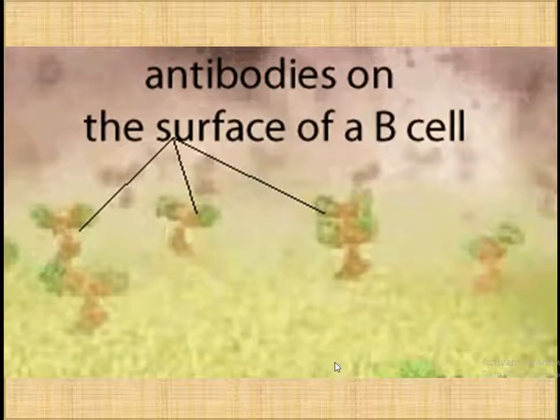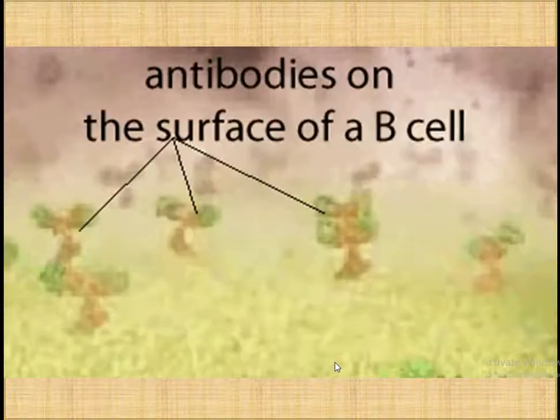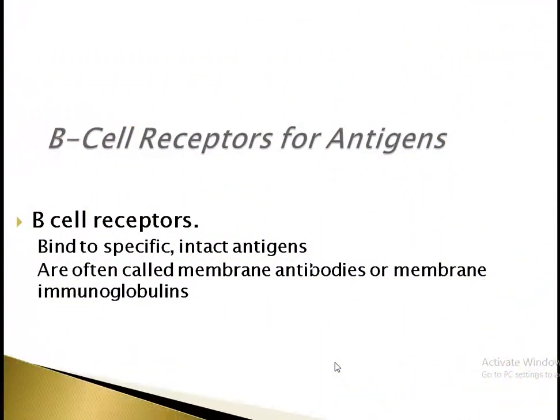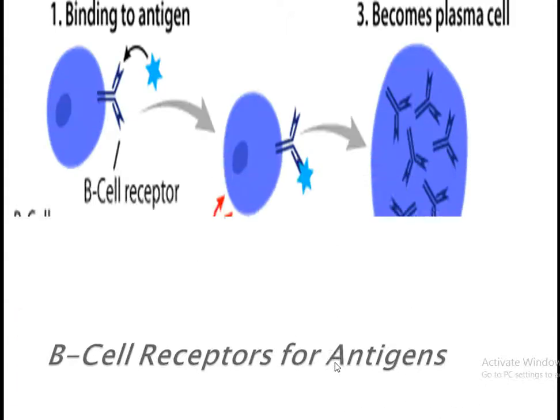These are the antibodies on the surface of the B lymphocyte. Antigen comes to be attached with the surface of these antibodies. B cell receptors that bind to specific intact antigens are often called membrane antibodies or membrane immunoglobulins.